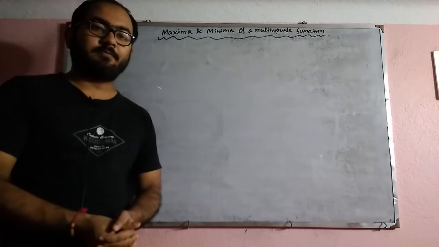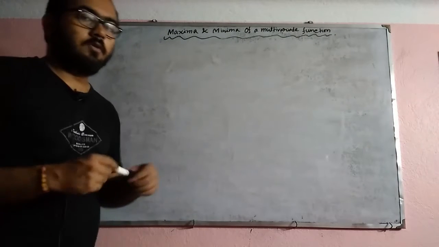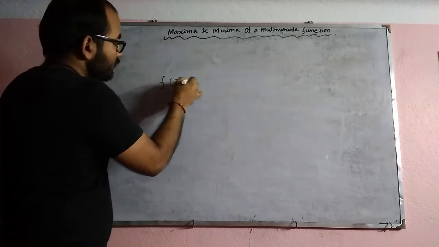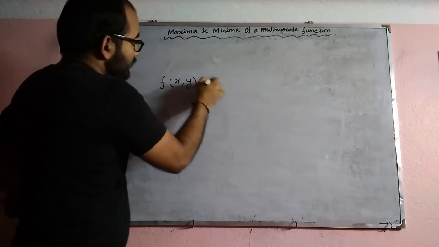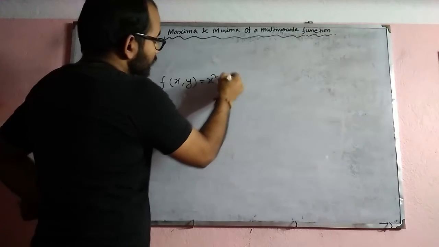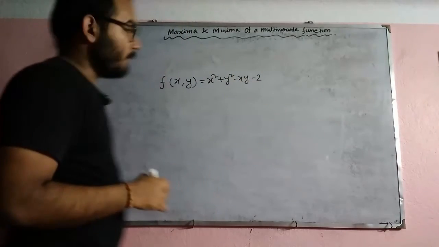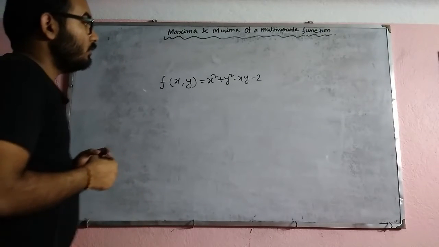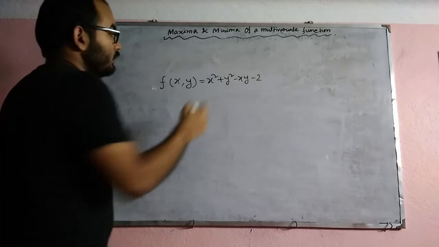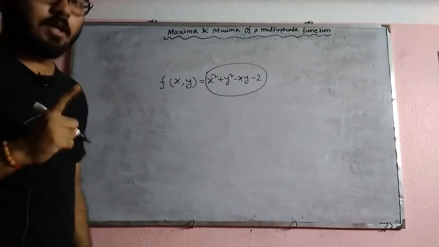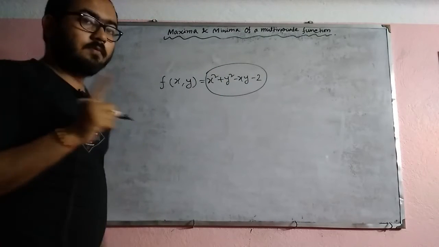So let's start. If we consider a multivariate function, say x square plus y square minus xy minus 2, then we all know that this expression will give you a real number for certain values of x and y.